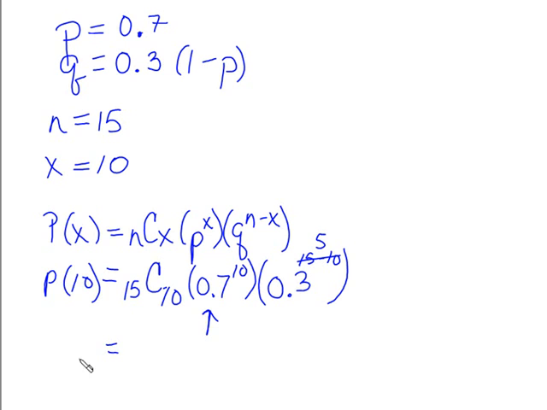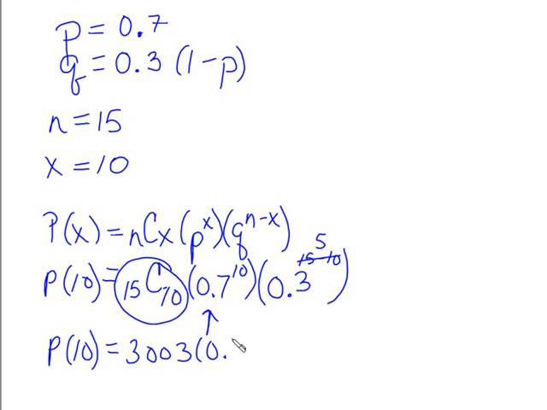Now, in Angel, I gave you a link to compute the combination. You can use that combination or you can use your calculators, whichever you choose. But when you do 15 combination 10, you should come up with 3003.